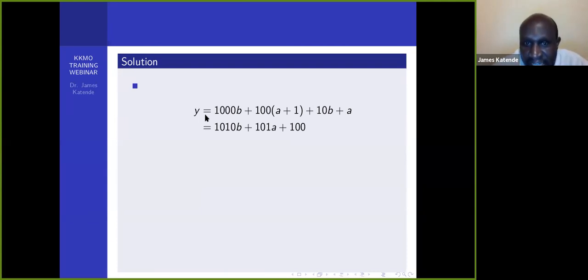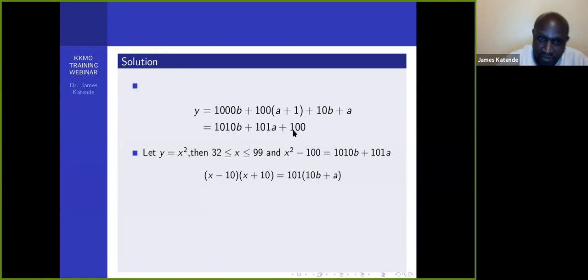So putting the like terms together, we get this is the same as 1010b plus 101a plus 100. So we know that y is a perfect square. And again, we can find some bounds on x, right? Given the value of y, you can check that x must lie between 32 and 99.